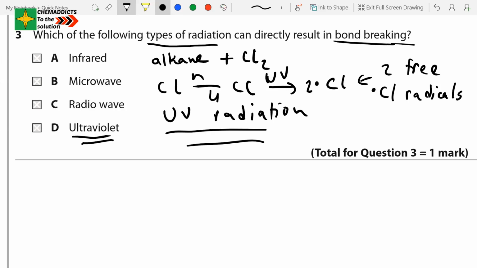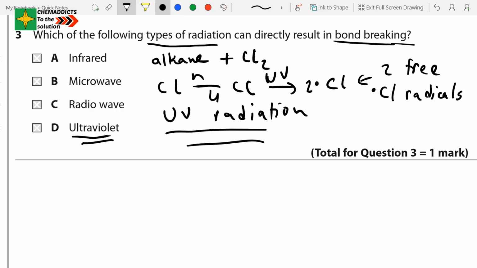So if we remember the free radical substitution reaction of alkane, there the chlorine bond breaks homolytically by UV radiation.